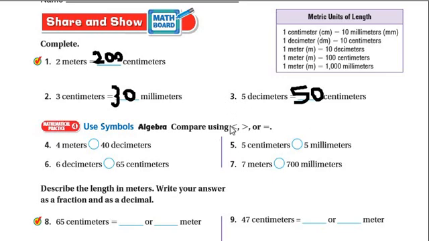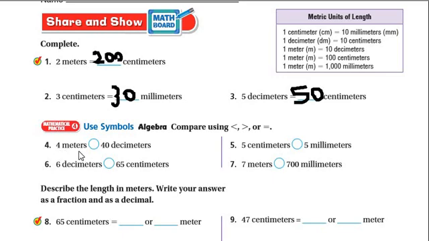Now, let's compare using less than, greater than, or equal to. And as we did before with the customary units, we will do the same technique here. Okay, so I have here 4 meters and 40 decimeters. We want to know which is greater or which is less, or if they are equal or not.